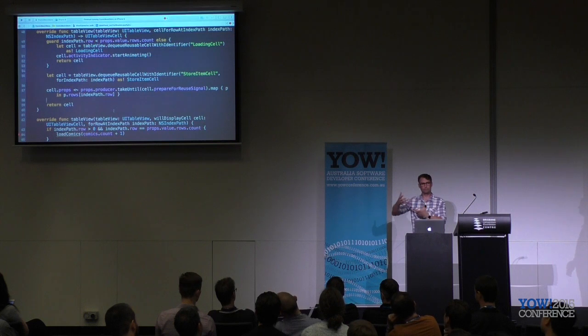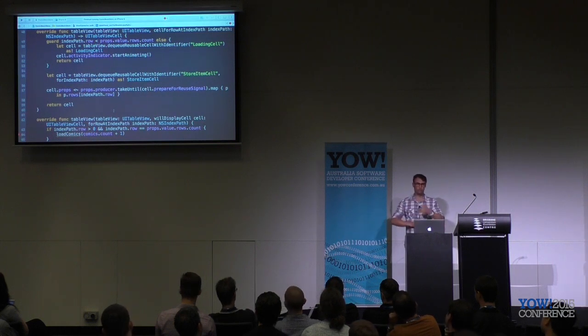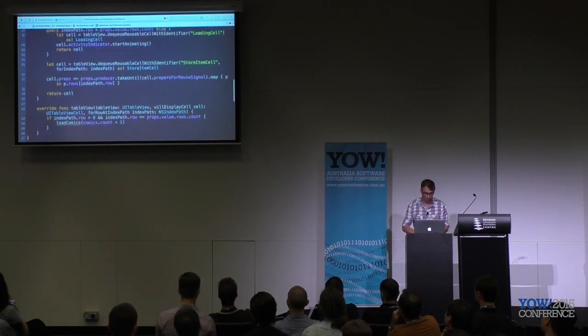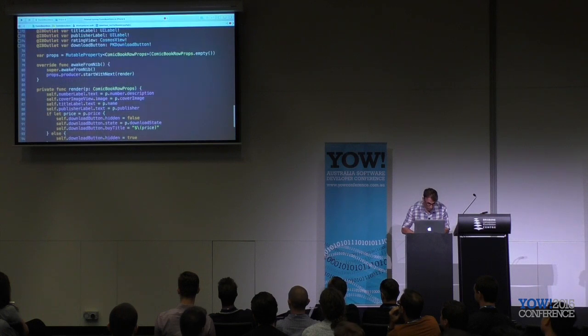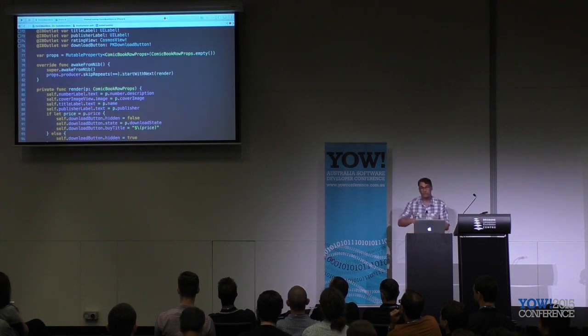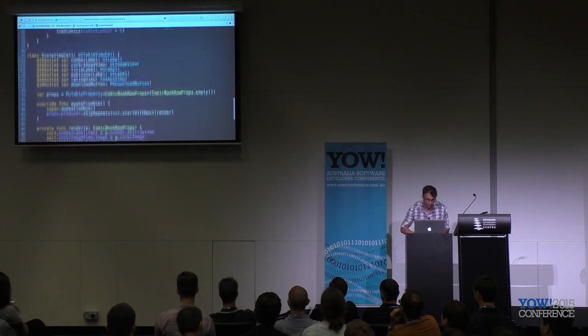Whenever the properties at the top level change, all of the views, the cells are going to get an updated event on the properties. Now I don't necessarily want that if nothing's changed on that particular row. So I can fix that using what we saw before, which is the skip repeats function. Okay, so now it's only going to re-render the view if something's actually changed on that properties object.